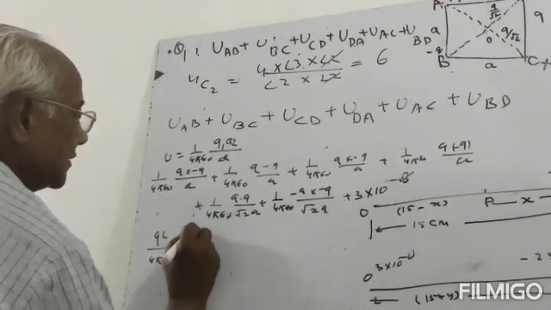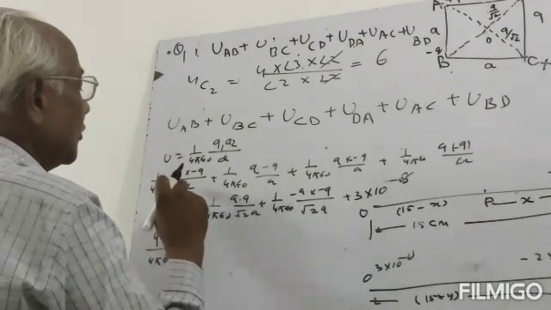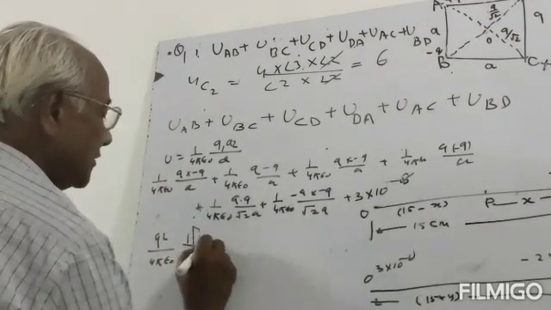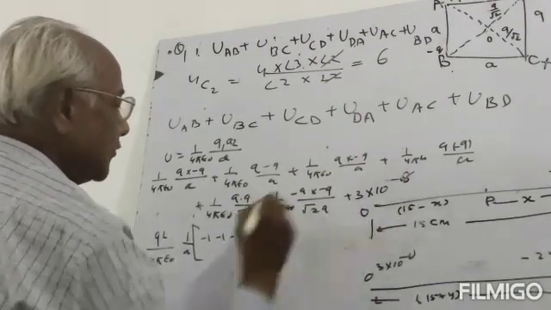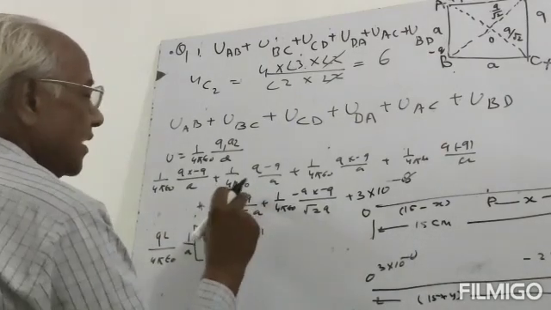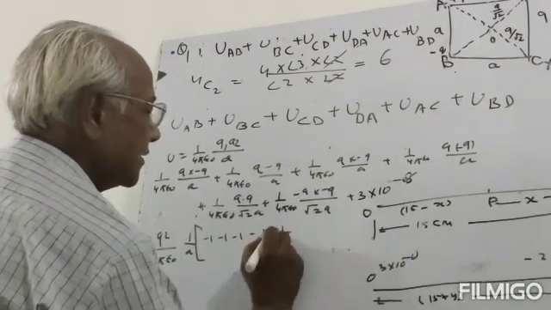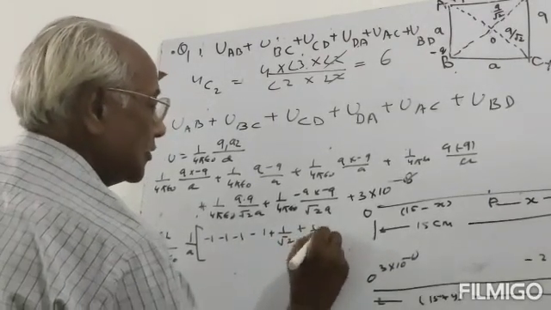So we can take q square divided by 4 pi epsilon 0 into 1/a common. Then this will be equal to minus 1, this will also be minus 1, this will also be minus 1, this will also be minus 1. Here 1 plus 1 by under root 2 plus 1 by under root 2.